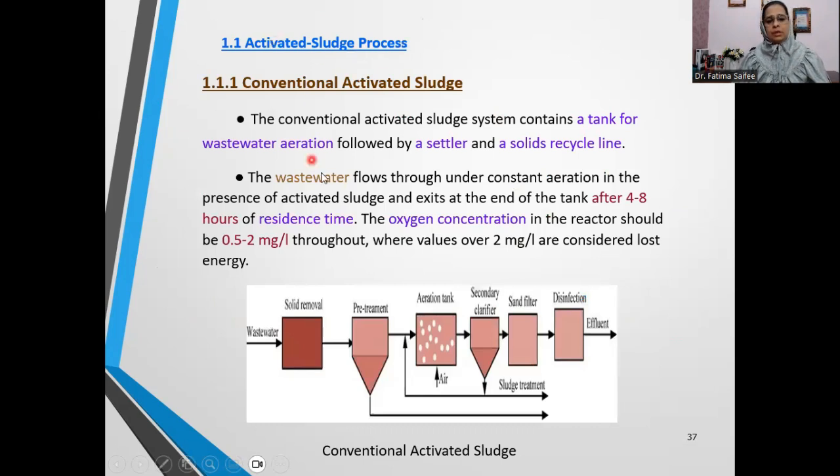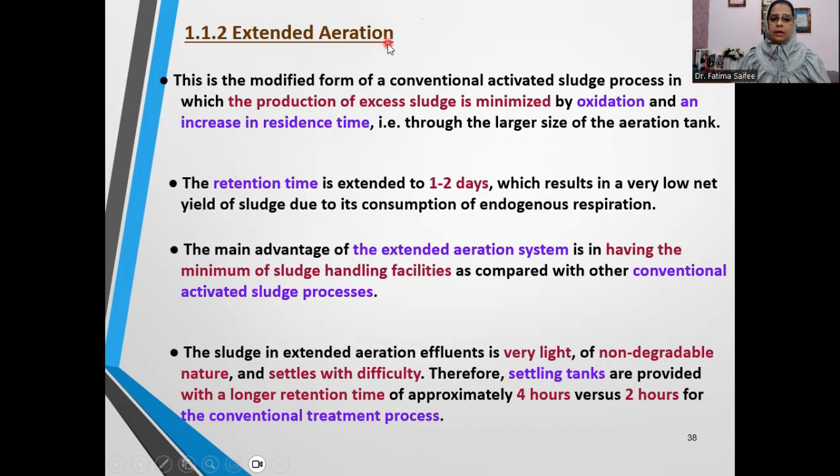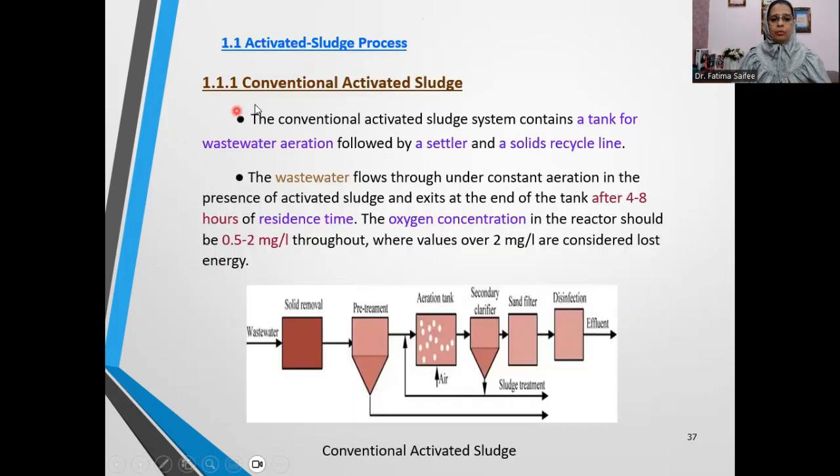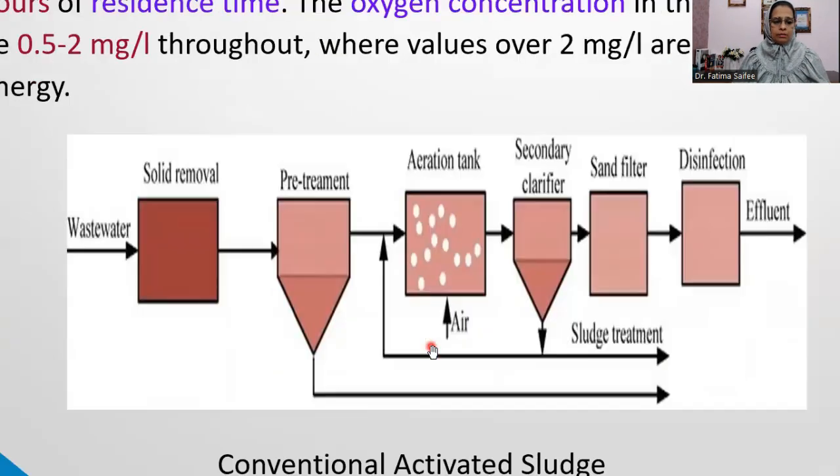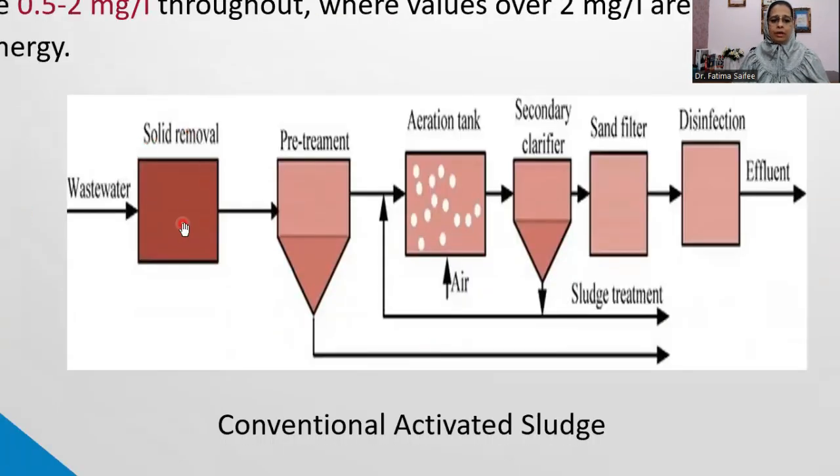Activated sludge process. In the biological part there is now the activated sludge process. One is the conventional activated sludge and the next is extended aeration. So conventional activated sludge means, here I can show you a little more clearly. Wastewater goes through solid removal, then to pre-treatment. Then air is applied here and it goes to the secondary clarifier.